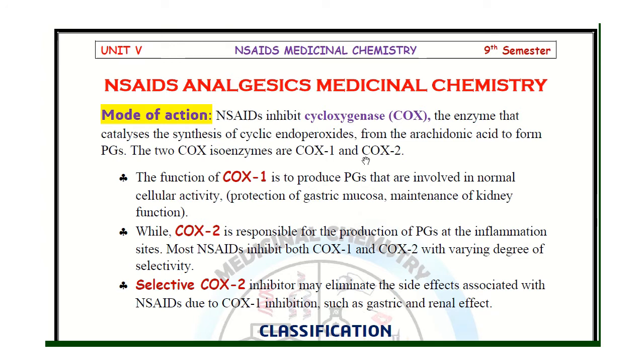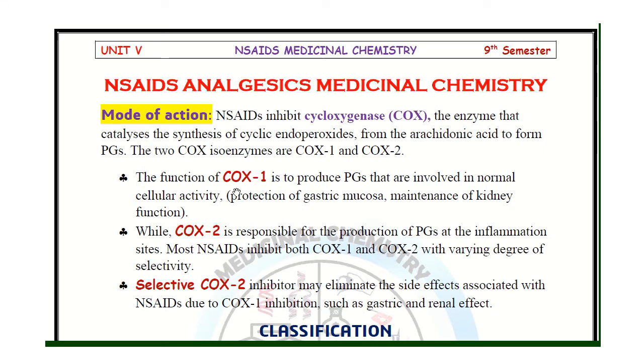They differ from one another on the basis of their function and their selectivity for the particular receptor inside the body for the different organs. COX-1 has an important role in those prostaglandins that are involved in maintaining the normal physiological activities of the different cells of the body, like those cells involved in the protection of the gastric mucosa, meaning the stomach lining, and some involved in the maintenance of kidney functions.